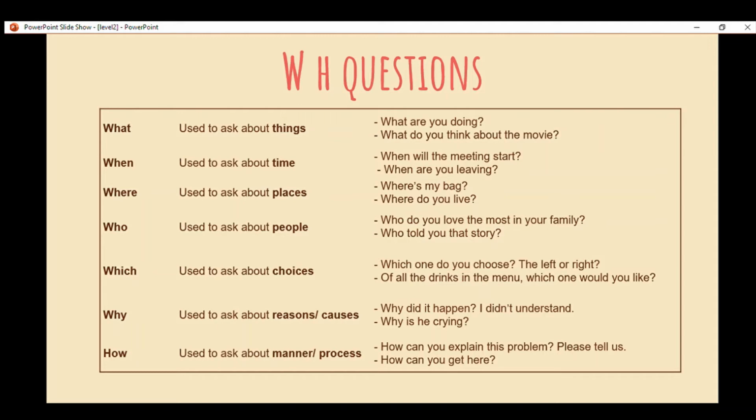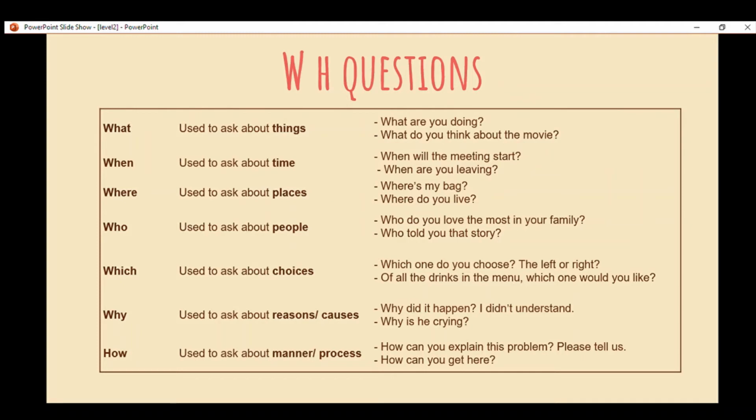Or who told you that story? Next is which. Which is used to ask about choices. Which one do you choose? Left or right? And then, of all the drinks on the menu, which one would you like? So it's an option for you.